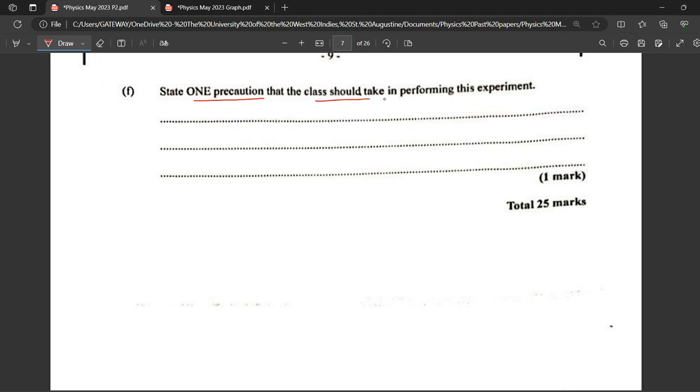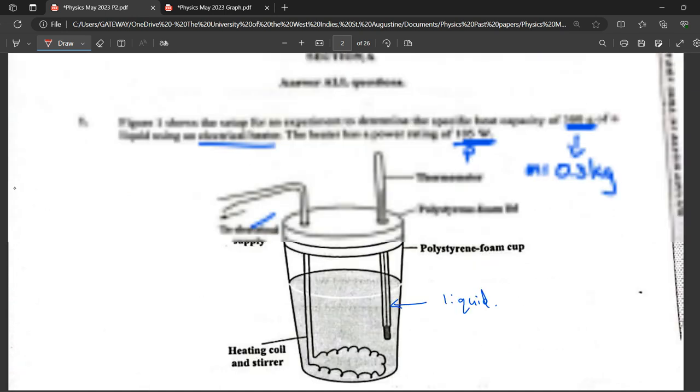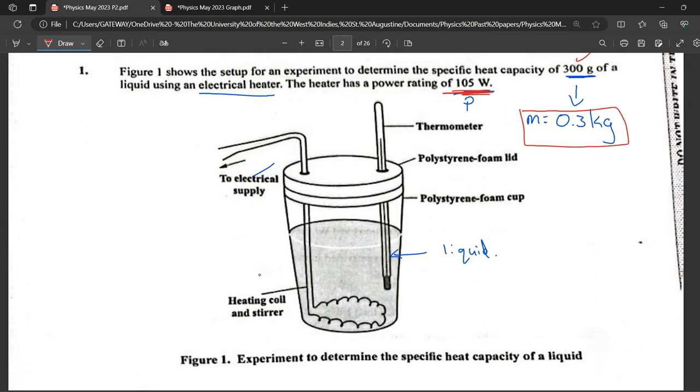Last part: state one precaution that the class should take in performing this experiment. To answer these questions, you always go back to the diagram of the experiment and look at the apparatus you're using. So you look for any precaution you could apply for using the thermometer.